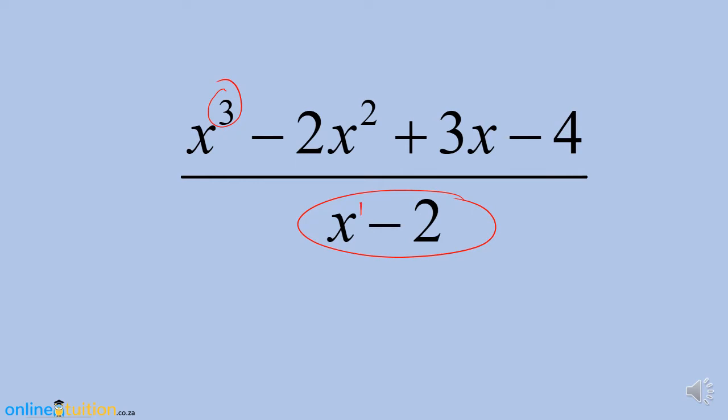Now I must emphasize, and this is very, very important, that synthetic division only applies to a divisor of order 1, which means linear in x. So for instance, if you had the numerator divided by x cubed minus 3, then this is not going to work, and you've got to go back to the normal long division.